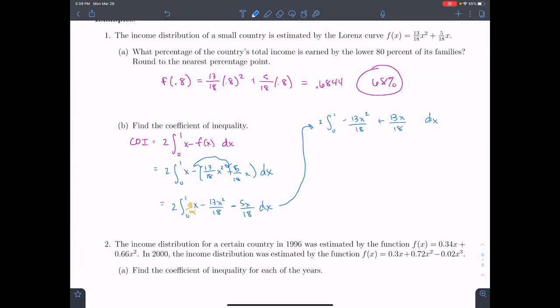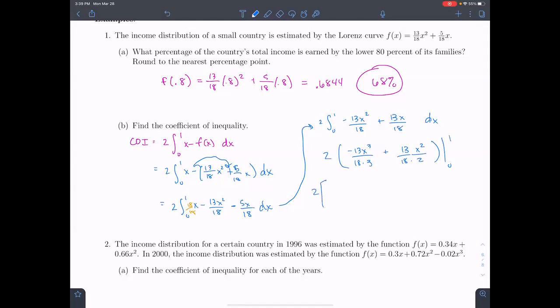And then increase and divide. So negative 13x cubed over 18 times 3, that's the dividing part, divided by 3, plus 13x squared over 2 times 18. There's a 2 in front of all of this, and this is evaluated from 0 to 1.